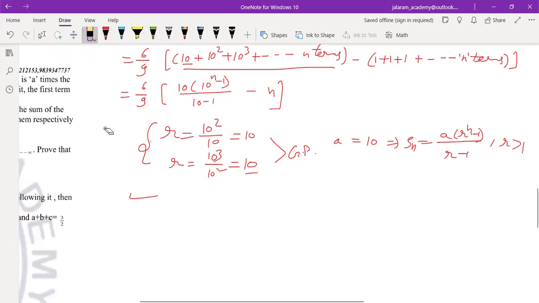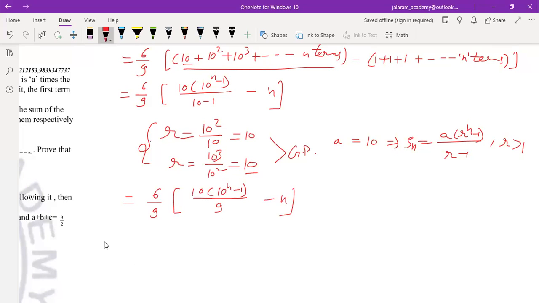So whenever there is this type of series, we can directly write the result. Though in this, 6 and 9 are both divisible by 3, still I am writing 6 by 9 only. You can learn this result to solve the objective questions of this type directly.